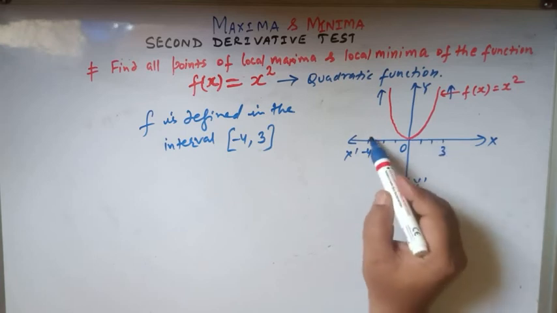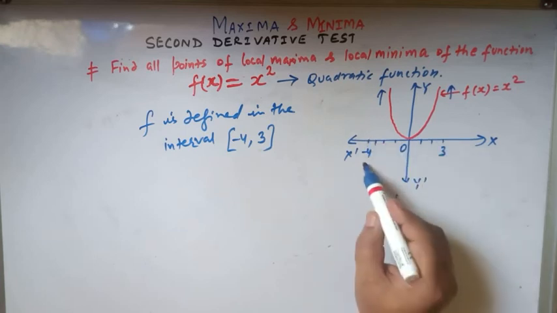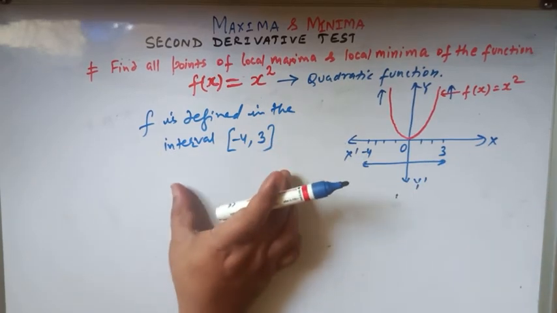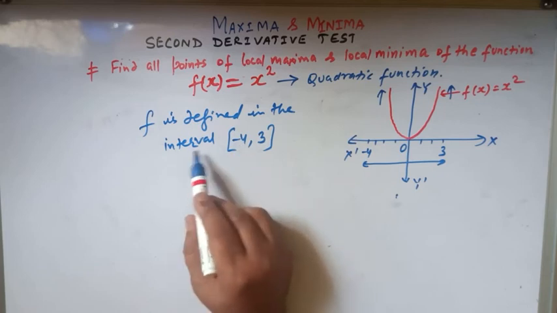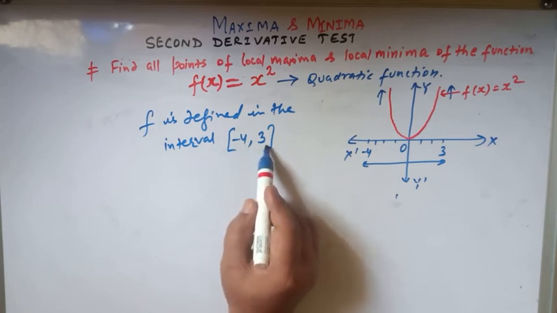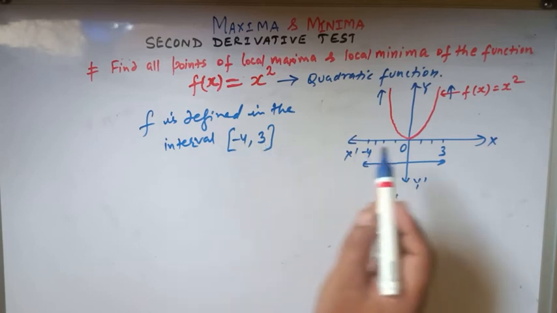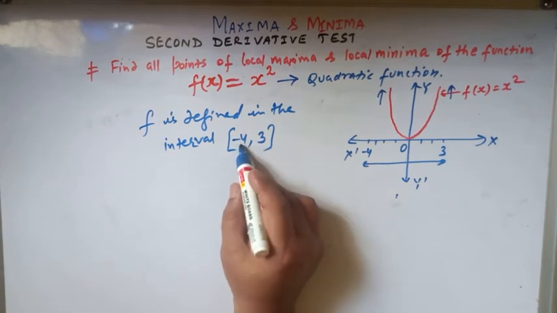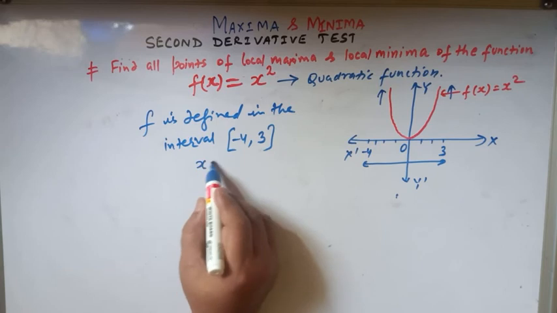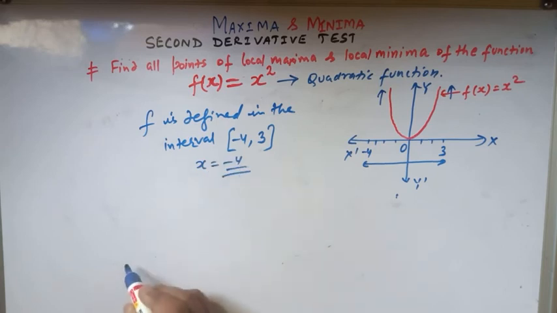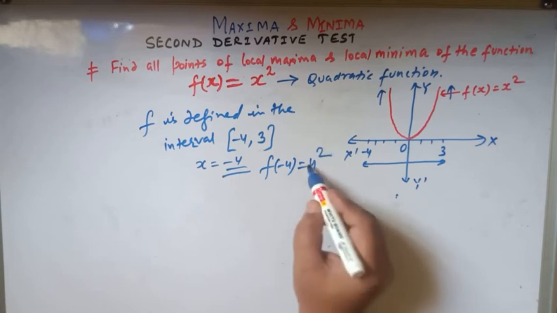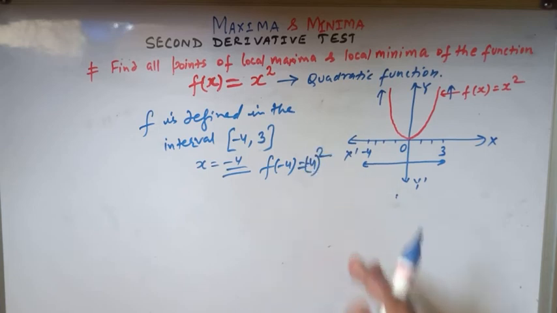And if the function is defined between these 2 points, or we restrict the domain to the interval -4 to 3, then the maximum value occurs at x equal to -4, and f of -4 is (-4) square.